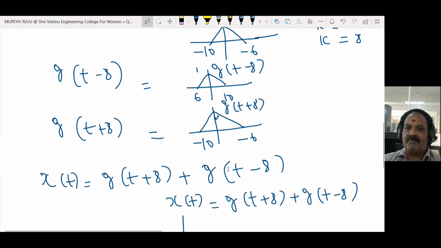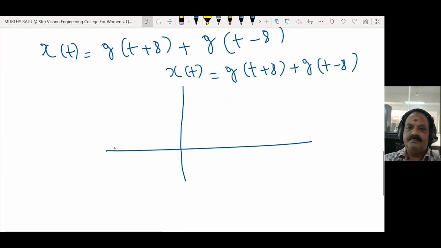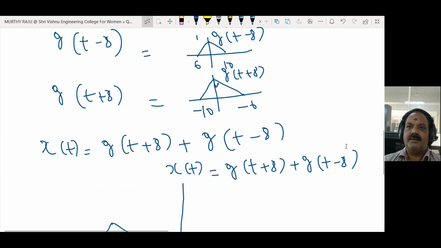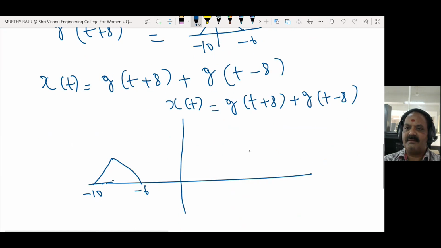G of t plus 8 is from minus 10 to minus 6, and g of t minus 8 is from 6 to 10.